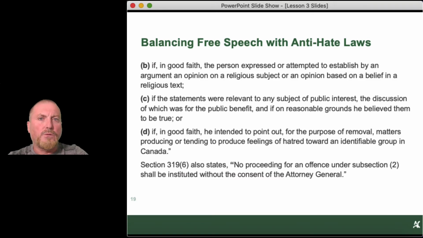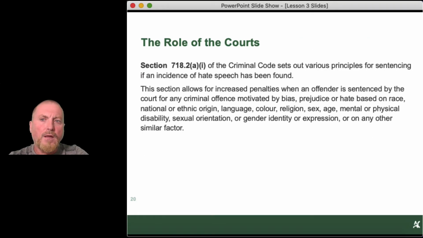Again, back to the politically elected people and the senior officials to make sure that there are no abuses of laws restricting free speech. And then the courts also have a fundamental role.